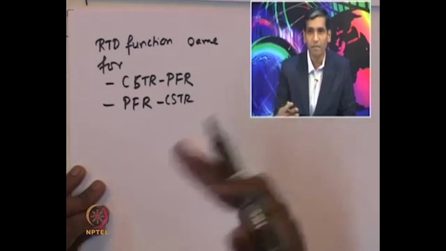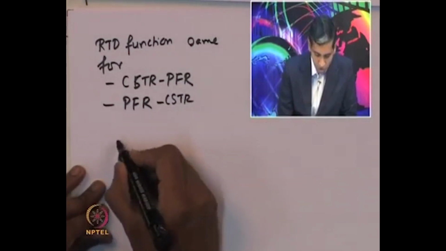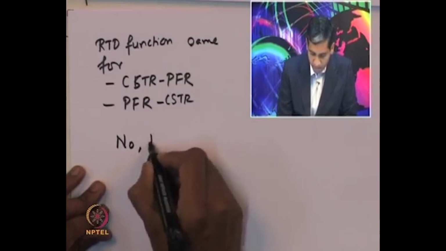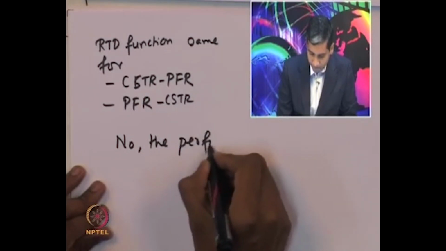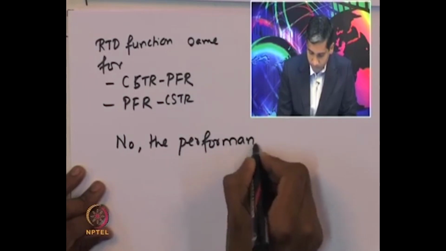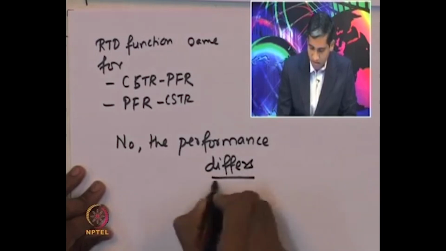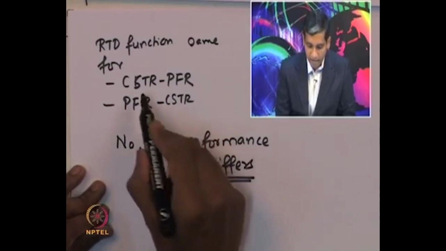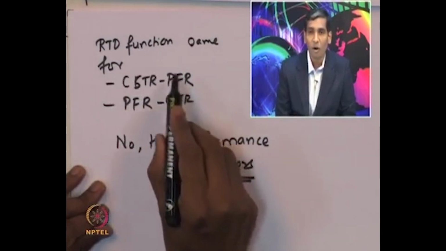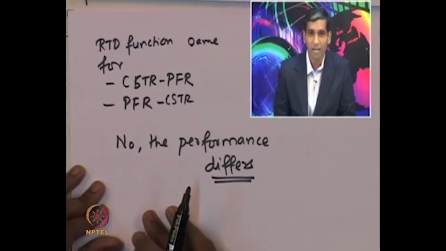Now, does it mean that the properties of this combination are the same? So, no, that is not true. The properties will not be the same. In fact, the performance differs significantly, and it completely depends upon the order in which the CSTR and the plug flow reactor combination is placed.